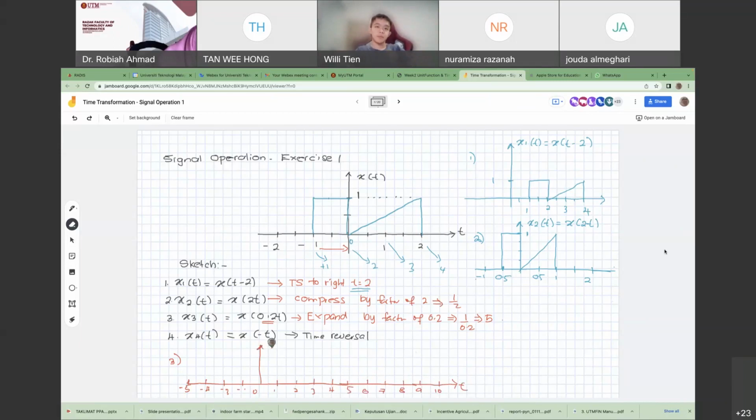So x3 will be x(0.2t). Okay. So 0.2t maknanya dia kena expand. So expand. So the first one tadi sini 0. This one is 1. This one is 2. So expand 5 times. 1. So it looks like this. Berapa panjangnya?